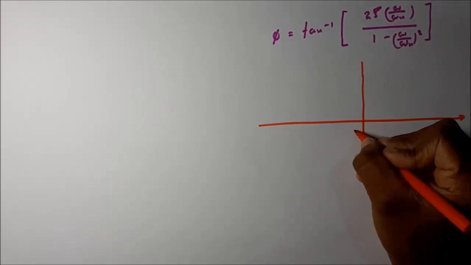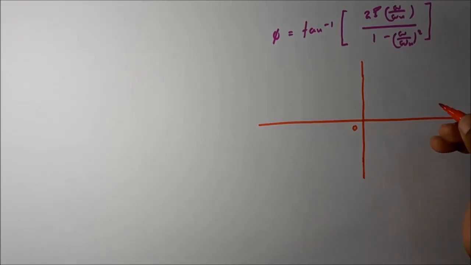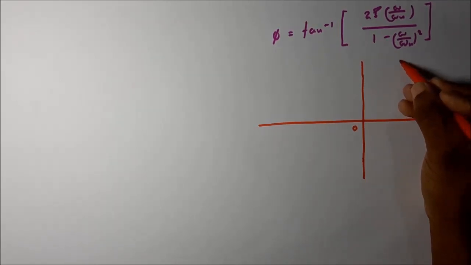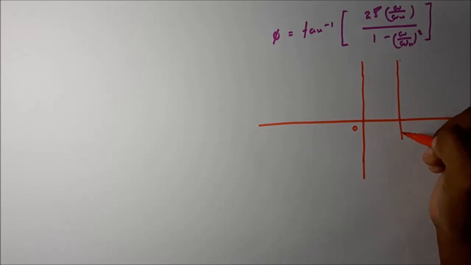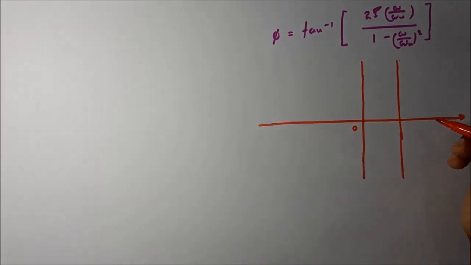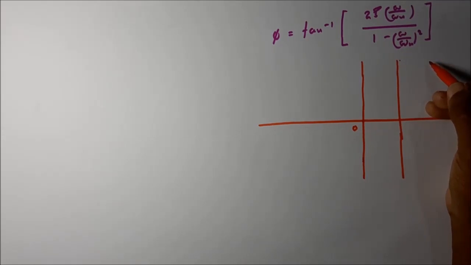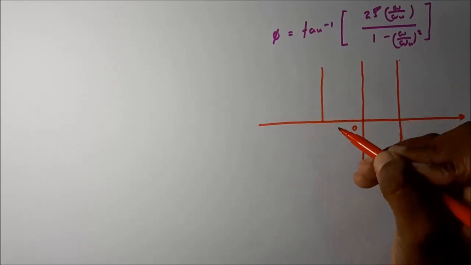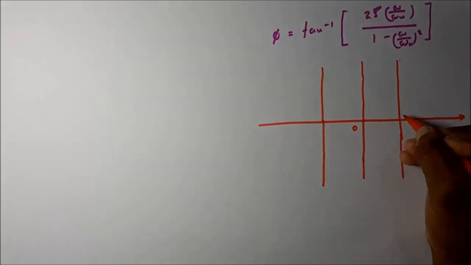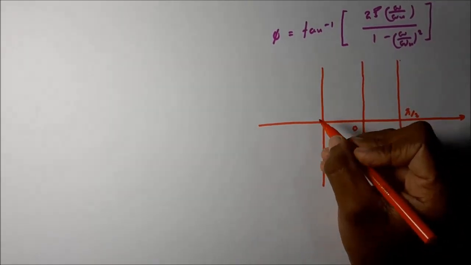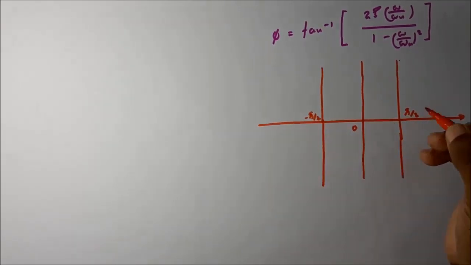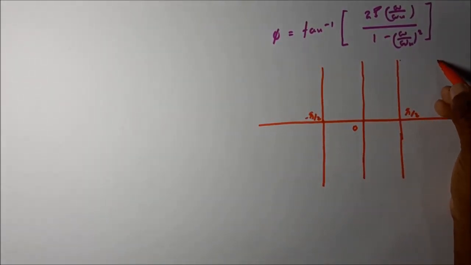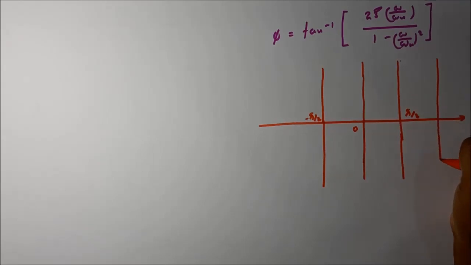Let's take this as 0 angle. At pi/2 we have a vertical asymptote, and again at minus pi/2, then this is 0, and let's take this as pi.